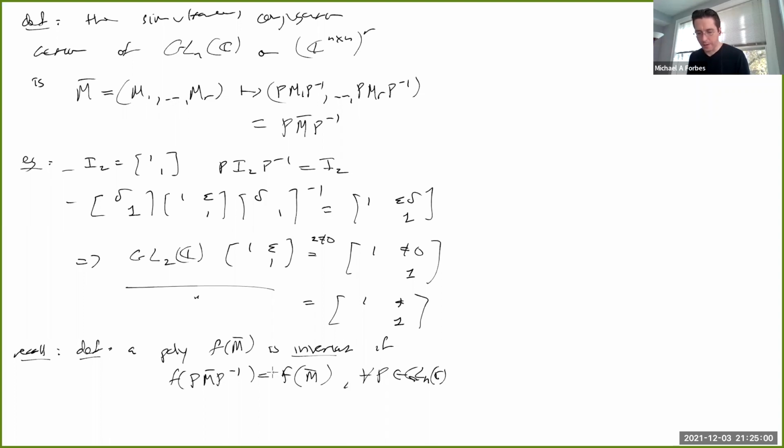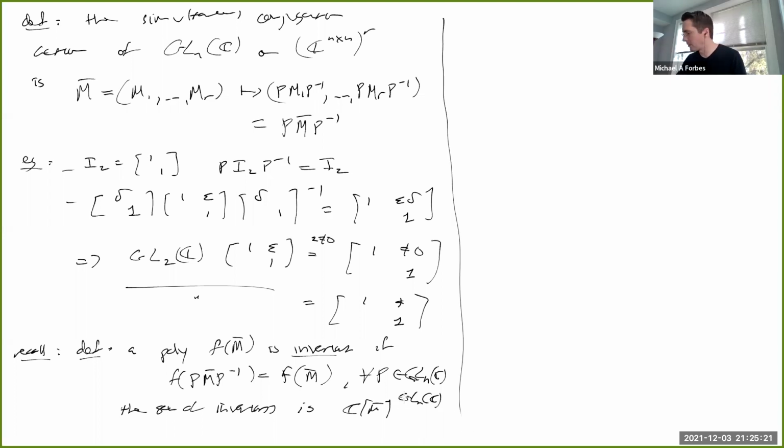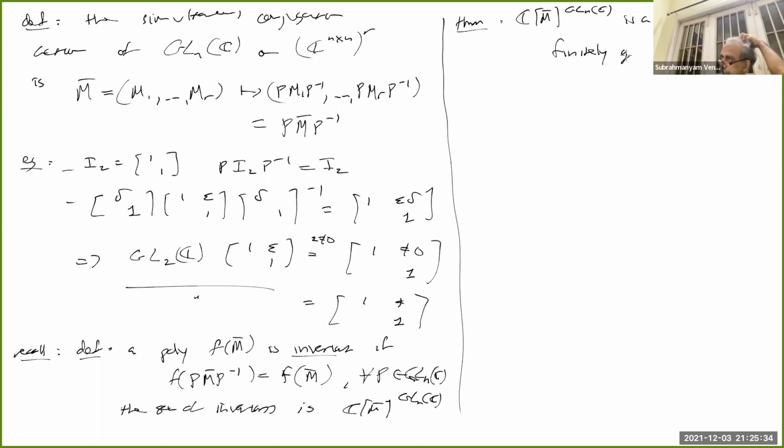Okay, and then the set of invariants in this case is denoted C[M]. So this is the set of polynomials in these tuples, but then we're going to put GLn(C) in the exponent to indicate that we're only picking the invariant polynomials. And one of the things that was mentioned is that the set of invariants under this action is a ring, and it's finitely generated as an algebra.